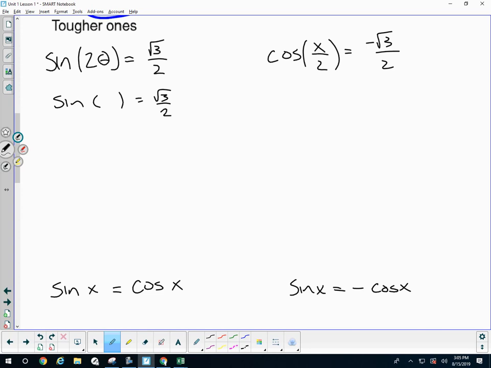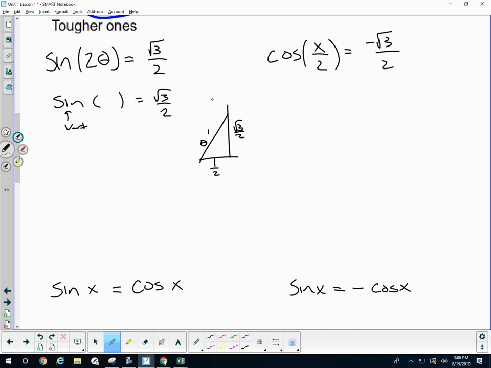Now, again, you got to use all of the stuff we talked about to be able to figure this out. Sine, vertical. What is my vertical? Root 3 over 2. Okay, my vertical, root 3 over 2, will happen if my horizontal is 1/2 and my hypotenuse is 1.